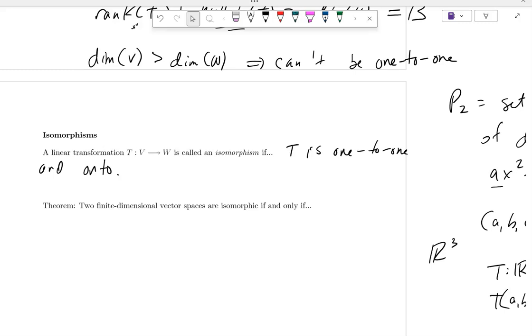It's just if and only if they have the same dimension. That's all you need. If the two spaces have the same dimension, meaning they each have a basis that has the same size, then they're automatically isomorphic. Period.